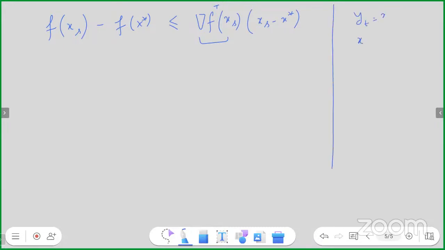So yt is xt minus eta del f of xt, and xt plus 1 is the projection of yt. That's the algorithm. What is this? This is nothing but eta times something here, xt minus yt over eta. I want x star here.